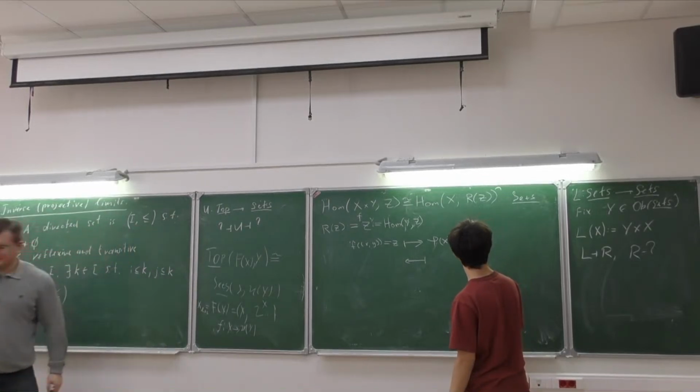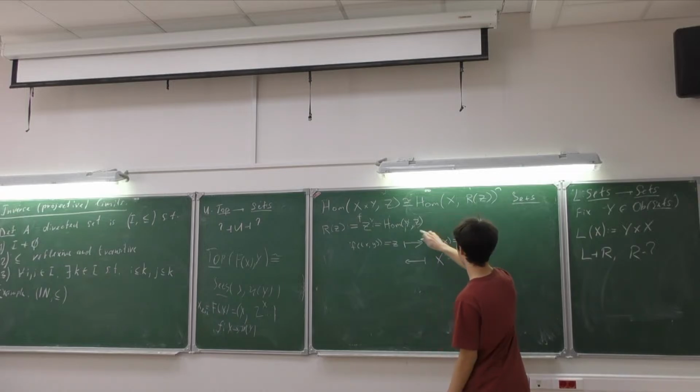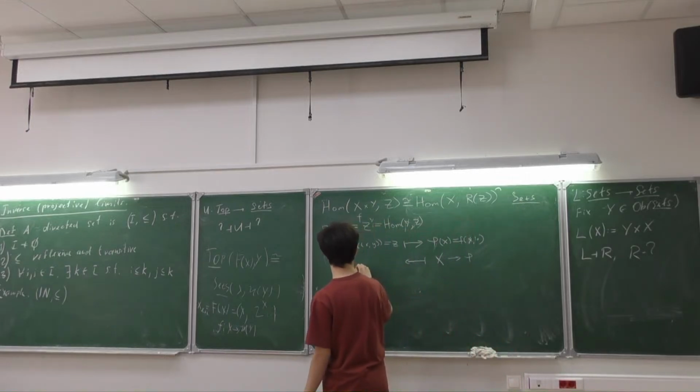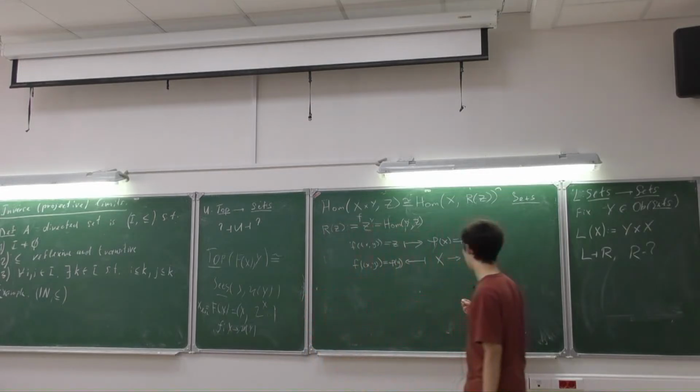Okay, if we have a map from x to morphisms between y and z, so phi, let us put f like this.